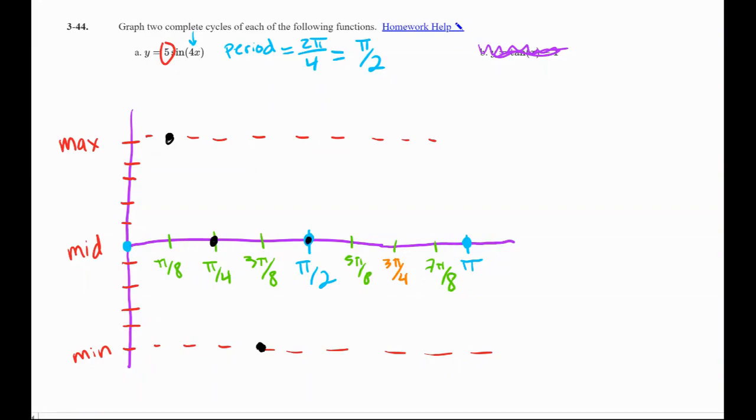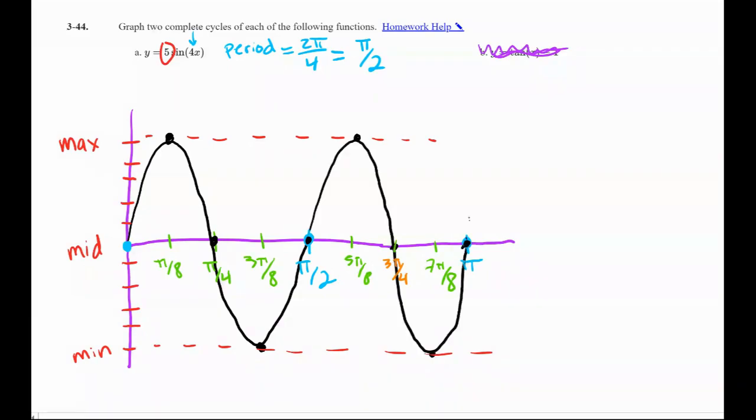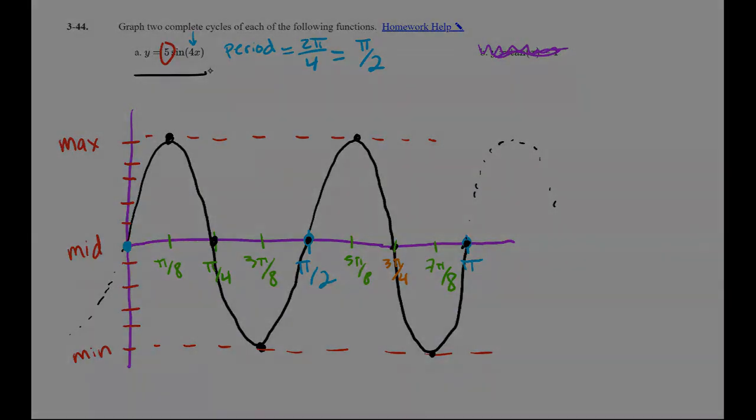So I got my first cycle like so, and I'm going to repeat maximum, midline, minimum, midline. Boom, boom, boom, boom. And we could keep going on and on forever if we wanted to, either direction, but we were only asked to do 2 cycles. So graph 2 cycles, there's my sine graph.